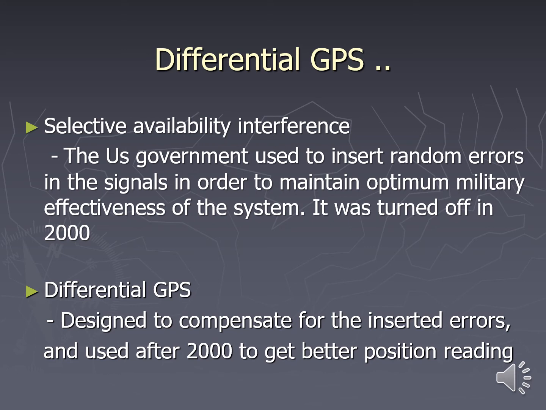But like I said, it was turned off in 2000, and we've been pretty much free ever since. There was some talk of reinstating it in, I believe, 2010, but it was shot down. Differential GPS is essentially a way designed to compensate for those inserted errors, and it was and still is used after 2000, really just because it allows for a better location reading. You just can't get the level of accuracy and the minimal error readings with autonomous that you can with differential GPS.